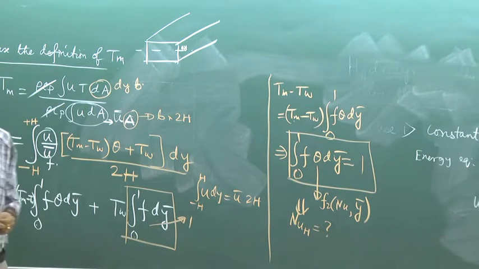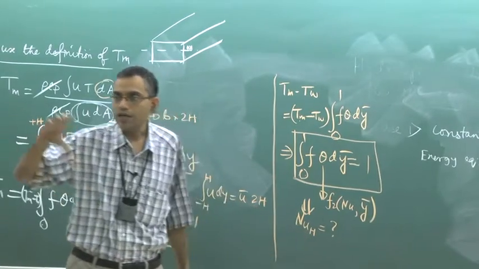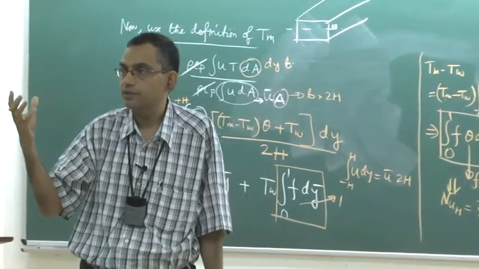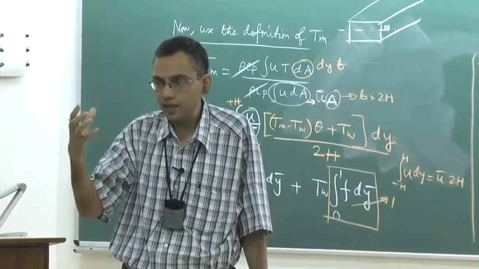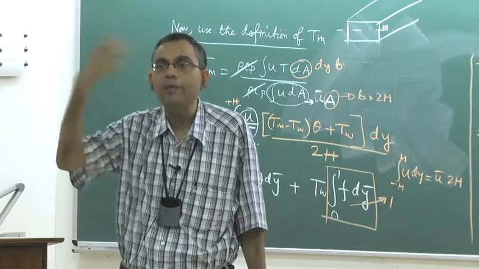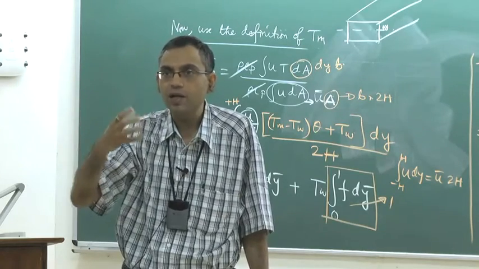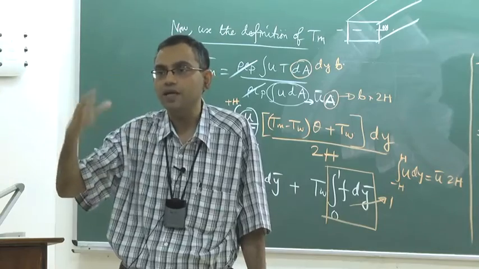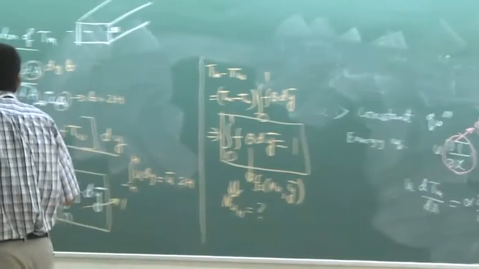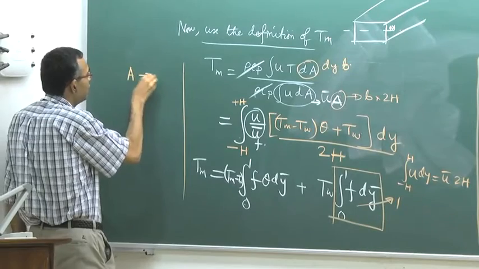Now normally we can calculate the Nusselt number on the basis of h, but engineers prefer to use a length scale which is called the hydraulic diameter. So what is hydraulic diameter? If you have a circular pipe, you have the actual diameter, but if you do not have a circular pipe, there is nothing called a physical diameter, but something equivalent to the physical diameter is called the hydraulic diameter. So for a circular pipe, what is the area?